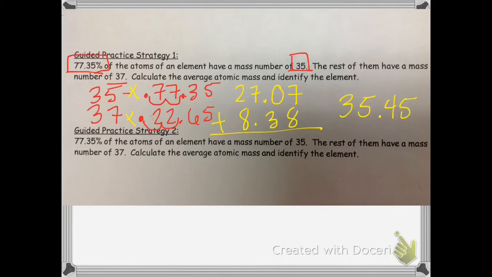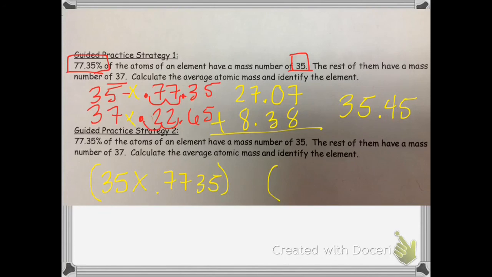All right. So, again, guys, it's the same problem as we have below. We're going to use a second strategy and put this all in our calculator as one big step instead of 3 little ones. So we're going to do what we wanted to do first, which is take a mass of 35 and multiply it by our decimal of 0.7735.